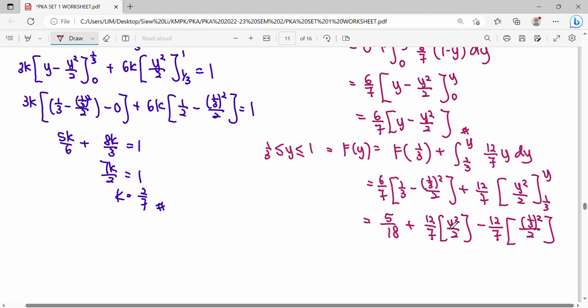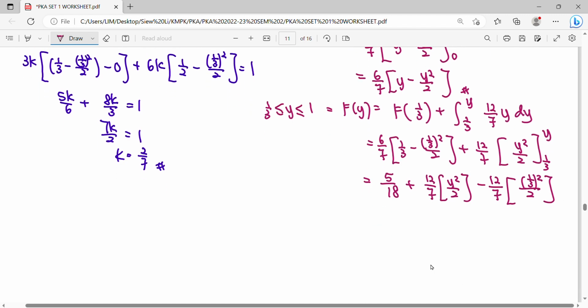Upper limit minus lower limit. So what's the value here? Over 15 minus 6, 1 over 7. So I simplify, this one still can simplify, 6 over 7 y squared plus 1 over 7.